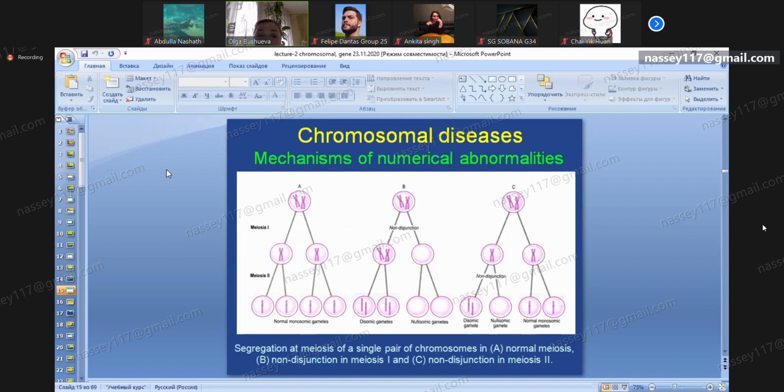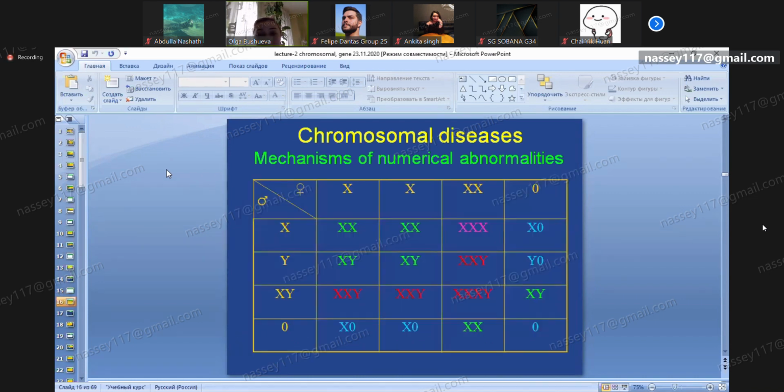Segregation at meiosis of a single pair of chromosomes in normal meiosis, which you can see on the left part of this picture, non-disjunction in meiosis 1, which you can see in the second picture, and non-disjunction in meiosis 2, which you can see on the right part of this picture.